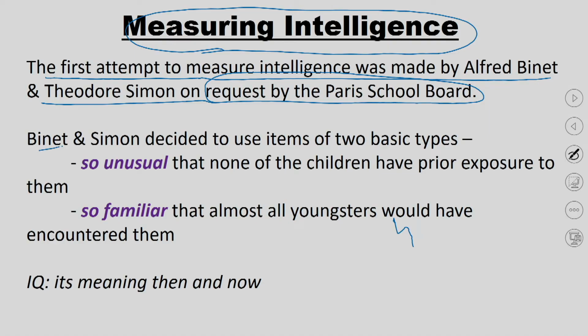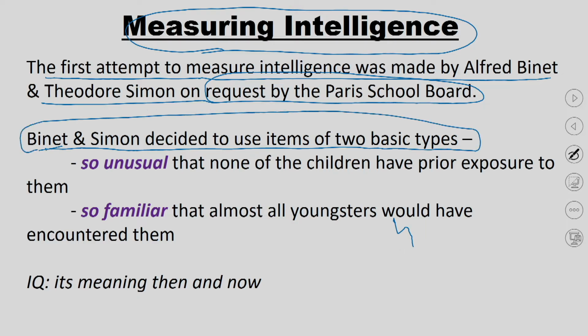So, what did Binet and Simon do? They decided to use items of two basic types. They first constructed a construct called intelligence, and then they defined a test of intelligence.